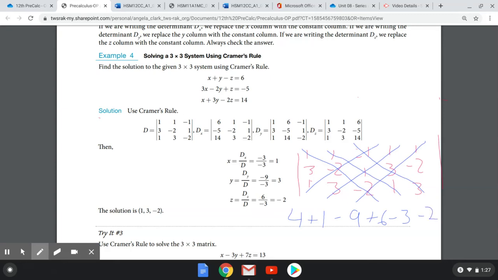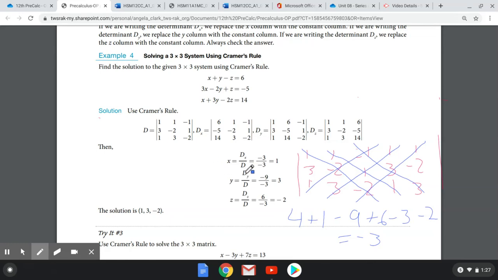And then I do all that addition and subtraction, and that will give me my determinant. So I have 4 plus 1 is 5, minus 9 is -4, plus 6 is 2, minus 3 is -1, minus 2 is -3. So my determinant is -3, and that's the determinant for my coefficient matrix.